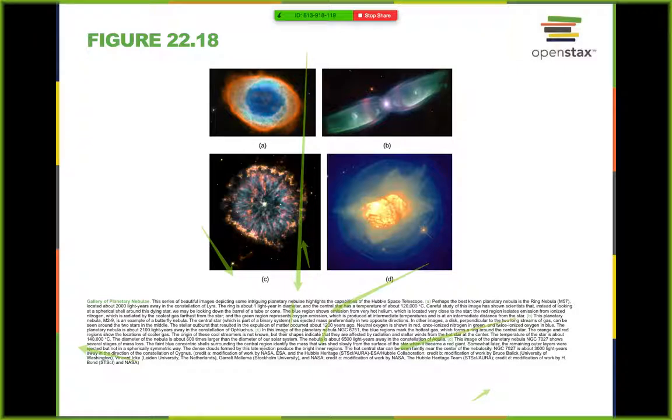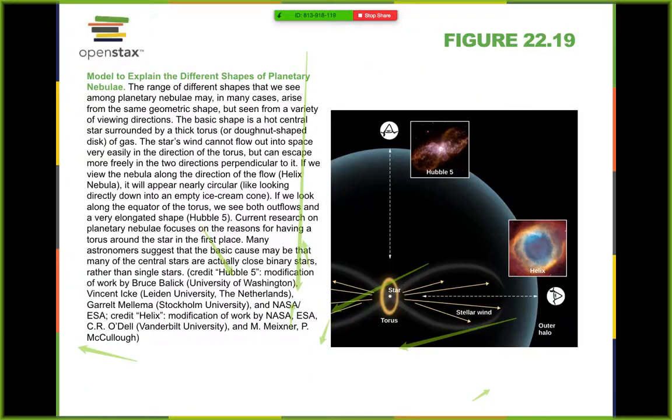Of course, all these colors are put in there to highlight features, but a planetary nebula is a phase in the evolution of a low mass star when the outer shell is expanding and in the central part of it lies a white dwarf.